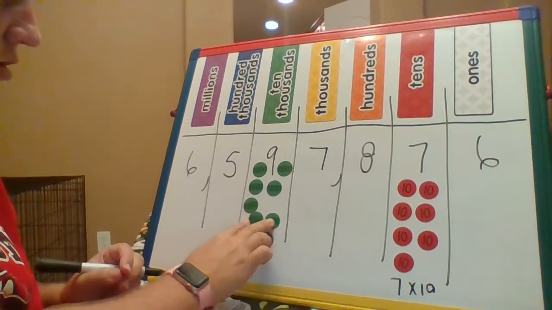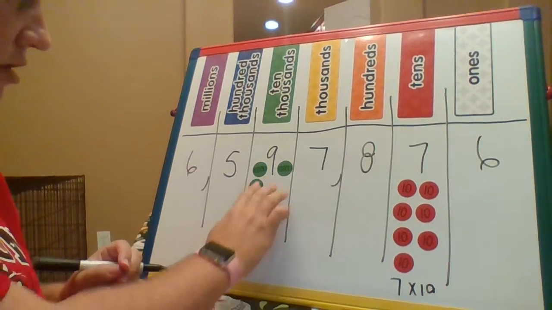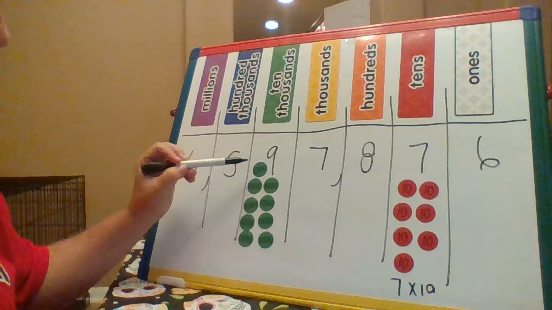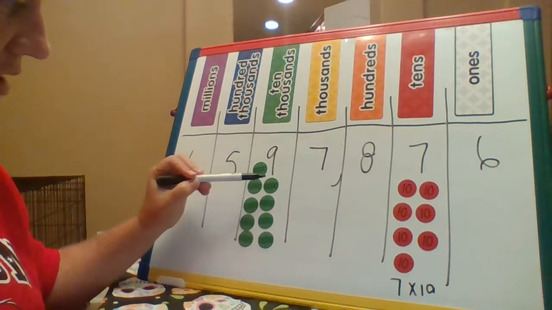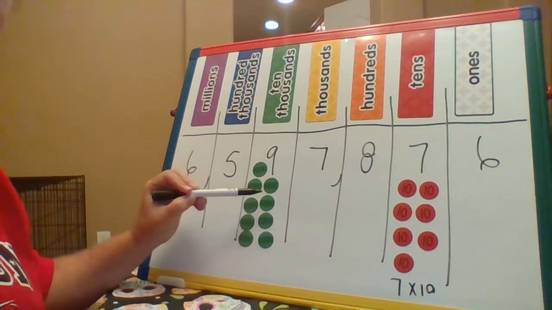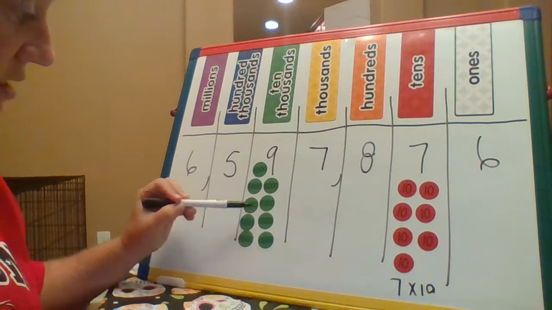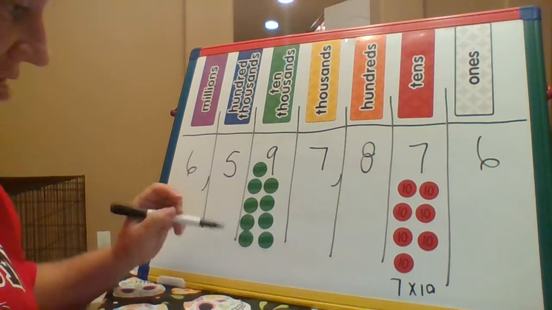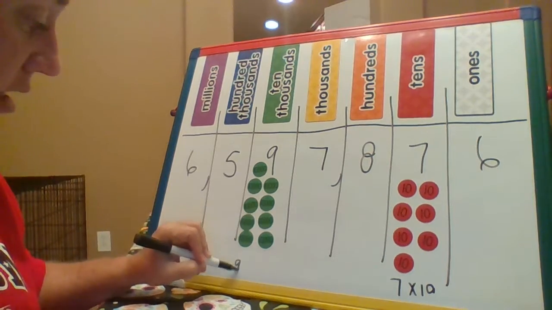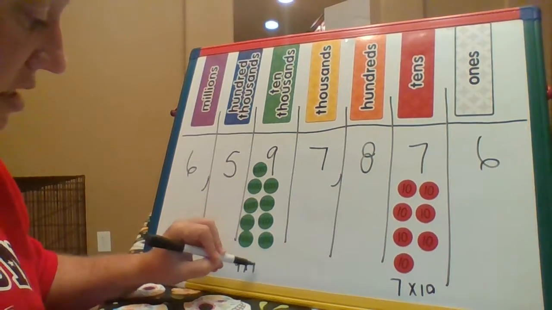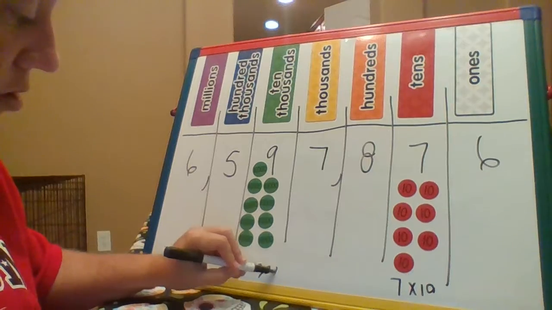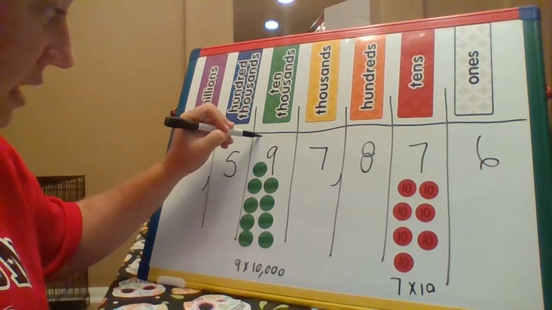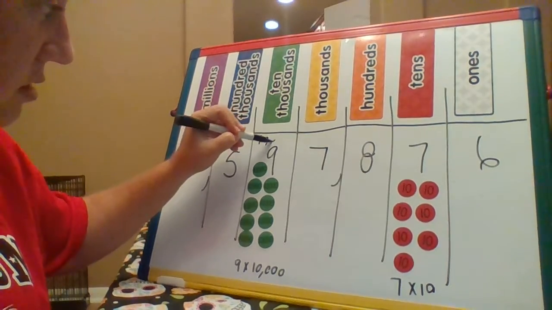All right. So you can look at this and say, wow, that's really not just a 9. That's going to be 10,000, 20,000, 30,000, 40,000, 50,000, 60,000, 70,000, 80,000, 90,000. So 9 times 10,000 actually has a value of 90,000.